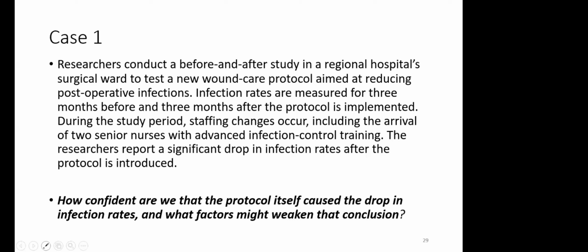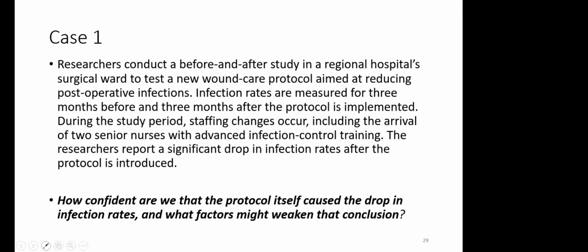Yeah, so the staffing changes, especially the fact that the 2 senior nurses had advanced infection control training, serve as a very big confounding factor, because now we could attribute the drop in infection rates to maybe the staff with more experience in infection control.